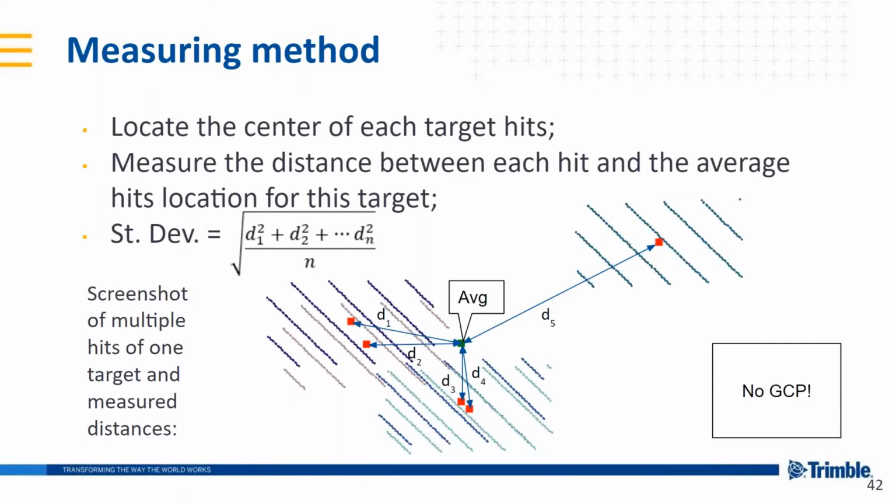Again, the relative precision is not measured between the hits and the GCPs, but between the hits and the average of the hits for each target. We repeat this process for each processing mode.